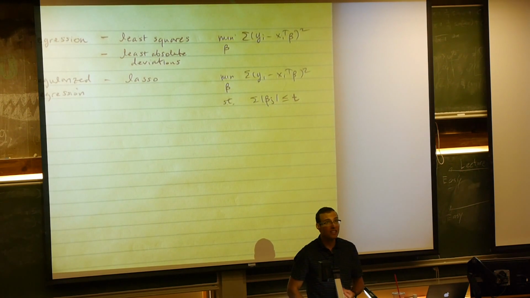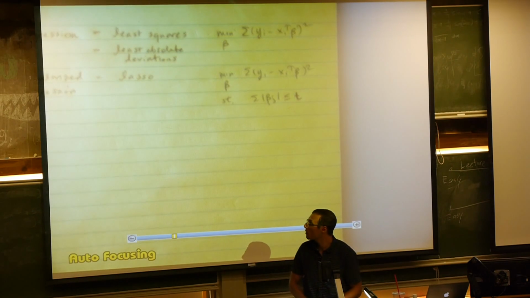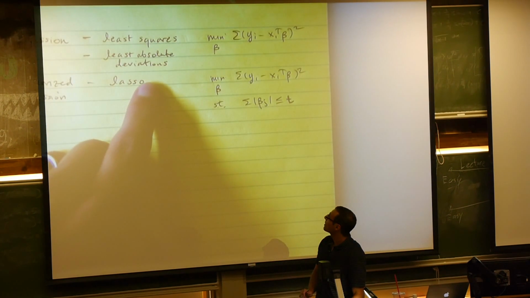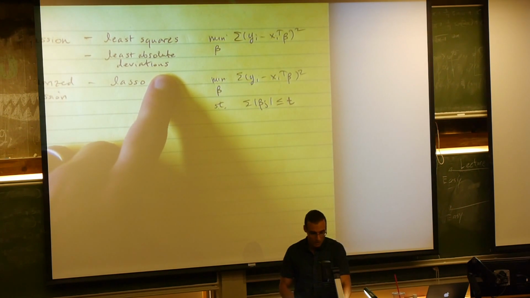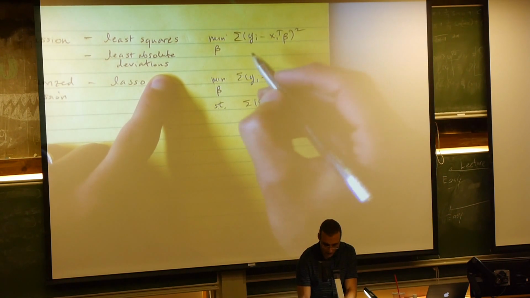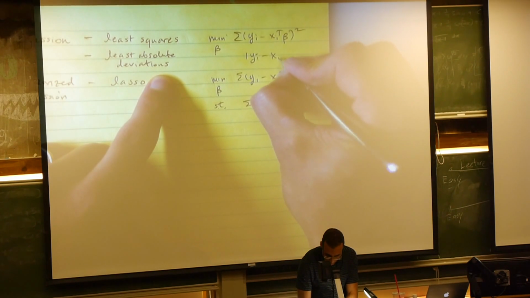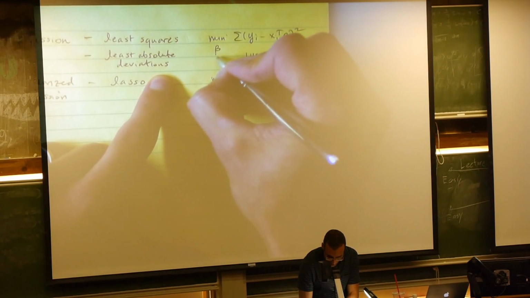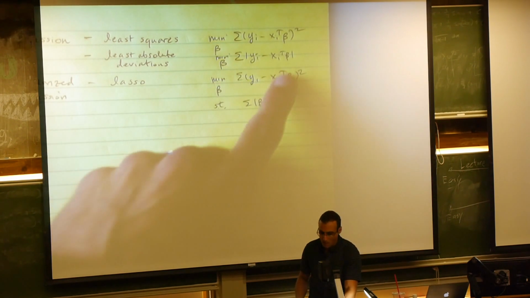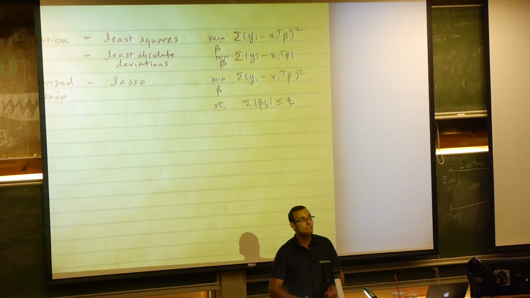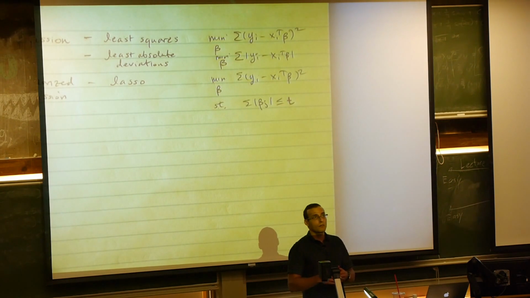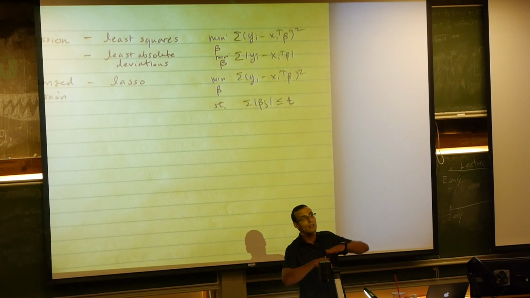Statistically, solving the least absolute deviation problem is usually called a robust version of regression, because we're placing less emphasis on outliers. If a point y_i is very far away from the linear trend we're trying to fit, we're placing less emphasis on moving the line to catch it.